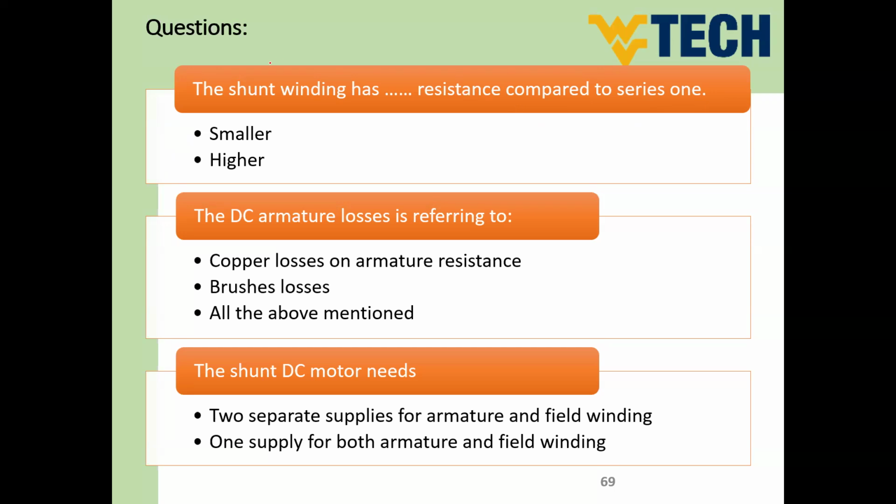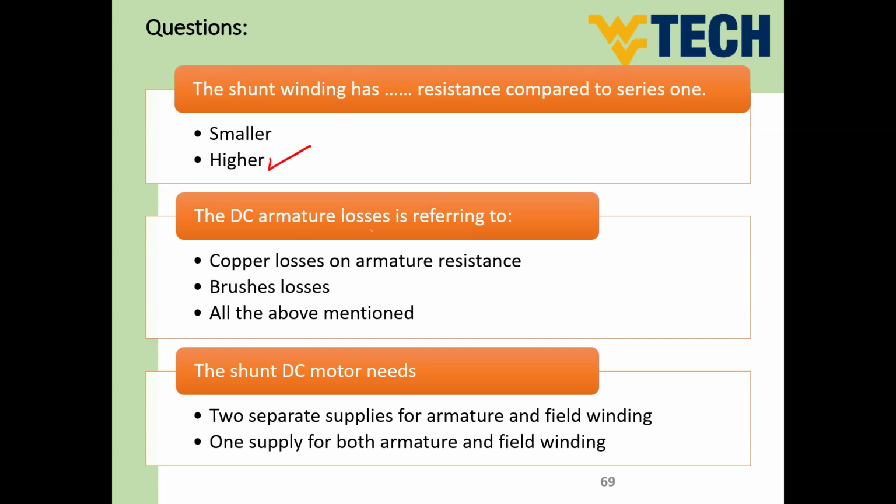So is the shunt winding smaller or higher? Yes, correct. It should be higher because the series resistance is going to be very small to support the high current, and the cross-section has to be high. So the right answer should be that the shunt winding has a higher resistance value compared to the series one.